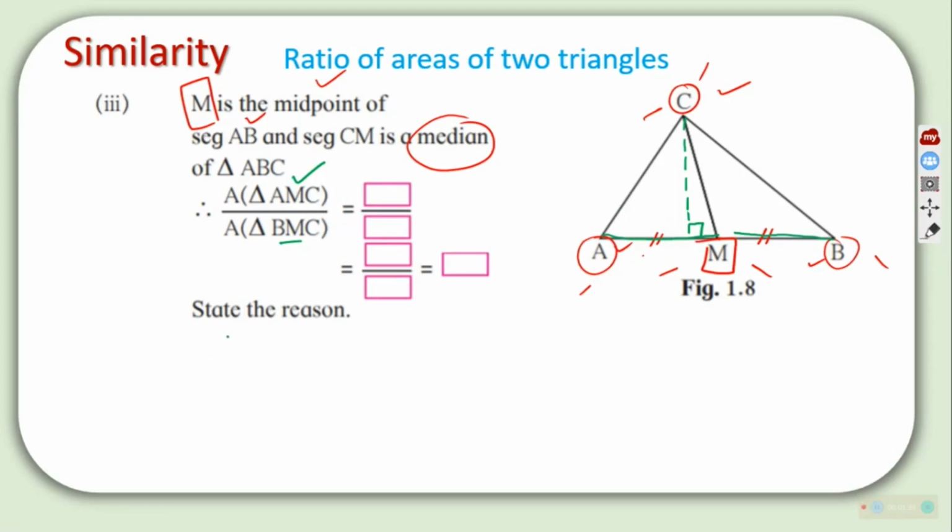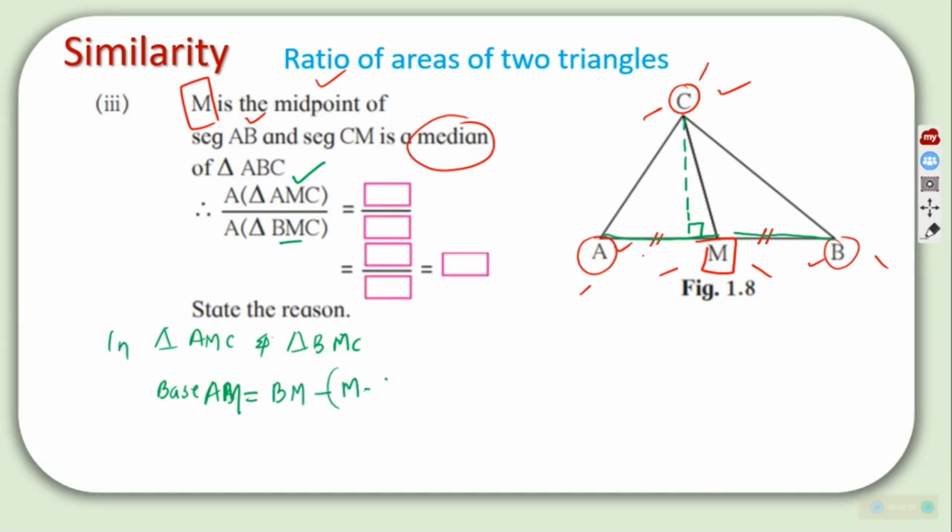In triangle AMC and triangle BMC, we have to simply say that the base AM is equal to BM, because M is the midpoint.